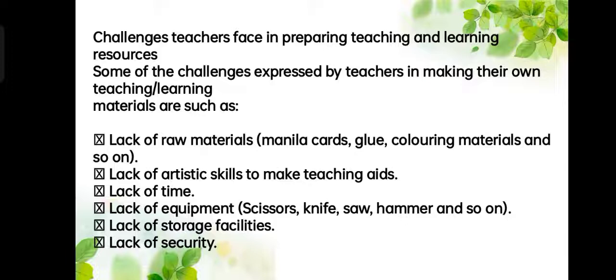And the fifth one is lack of storage facilities. For example, in public schools, there are no storage facilities because of the many students enrolled and the small areas, so there is no space for storage. And that is really a big problem in our place.